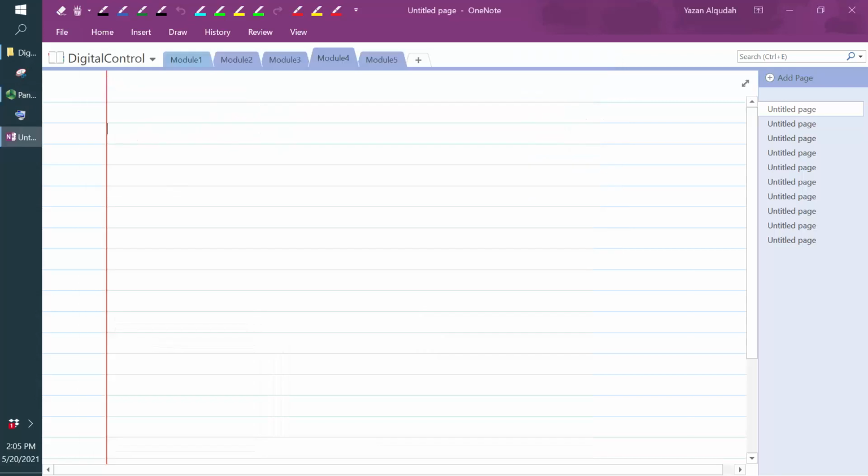Okay, hi everybody. So we are at module 4, and in this module we're going to talk about the state space approach to control systems. And in particular, we're going to be looking at eigenvalues and eigenvectors.